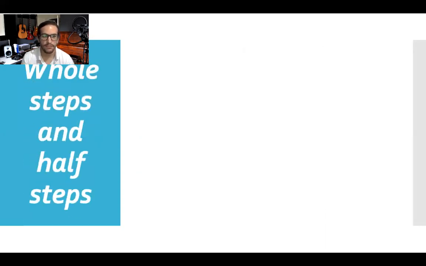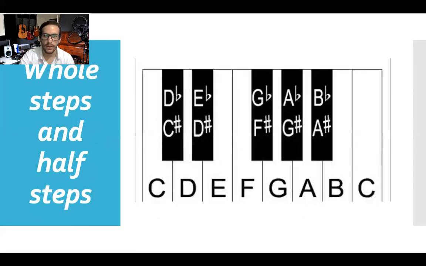So let's begin. Okay, first, whole steps and half steps. For this, we're going to be using this piano keyboard. Now, I know that you don't play the piano, and that's okay, but I think it's a much better way to visualize things. It's better than a guitar, better than a saxophone, to see how things are set when it comes to whole steps and half steps.